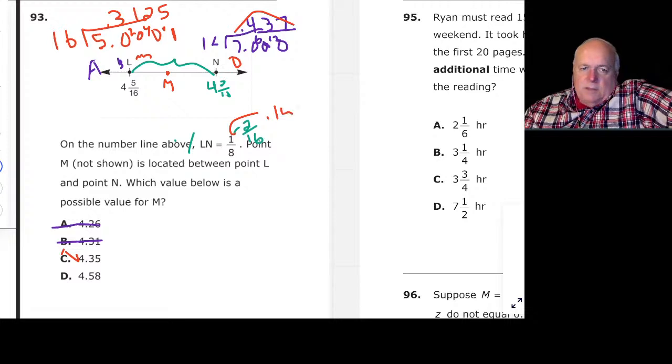So that means once you computed what L was, okay, you could have just added it once you understood the context of the problem. So add the 0.3125.